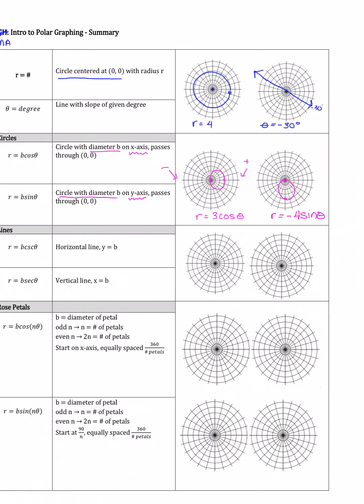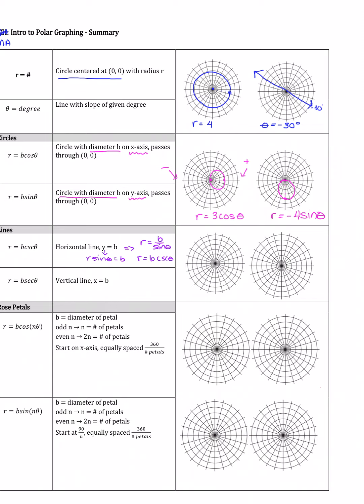Then we get to our lines. Now the lines were easy enough to figure out based on the conversions, because remember y equals r sine theta, and so r equals b over sine theta, but remember the reciprocal of sine theta is cosecant.